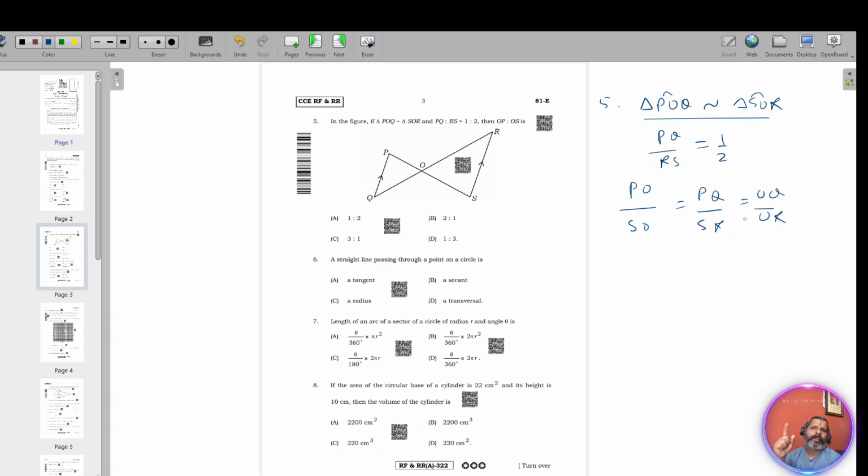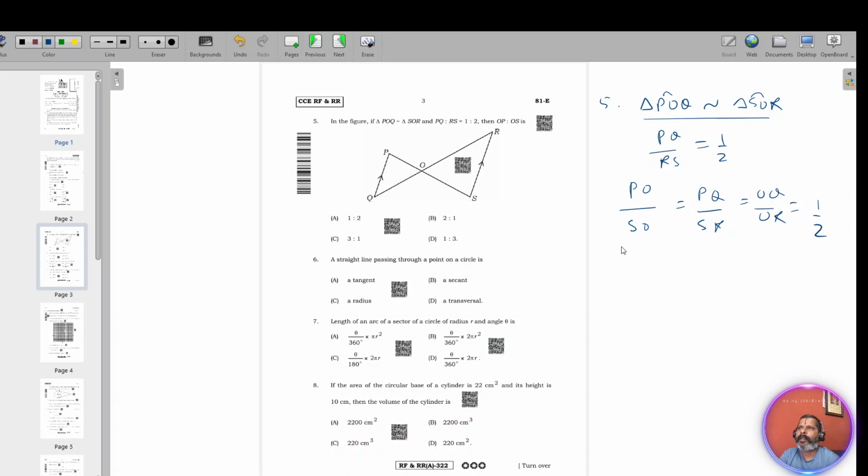What is given? PQ by SR is given as 1 by 2. So what is asked? OP by OS, which is nothing but PO by SO. Therefore, OP by OS is also 1 by 2.